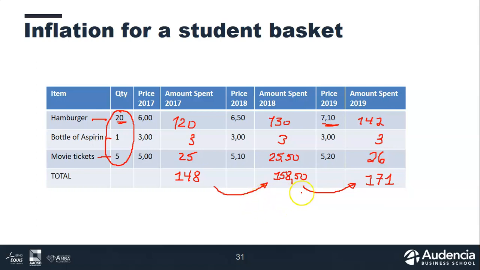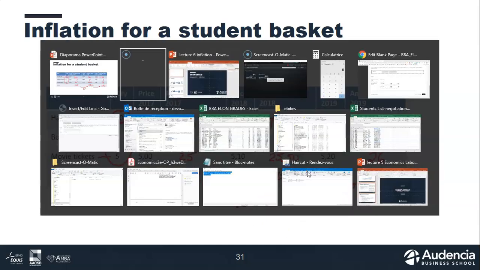Now, to calculate inflation, it's relatively simple. We're going to ask, well, what is the percentage change as we move from 148 to 158.50? And to calculate that, well, we can do it by hand. We can also just pull out a calculator. So let's do that.